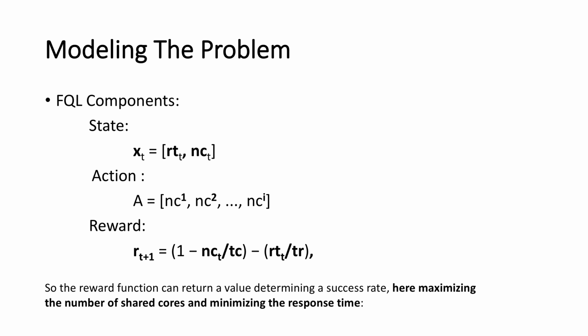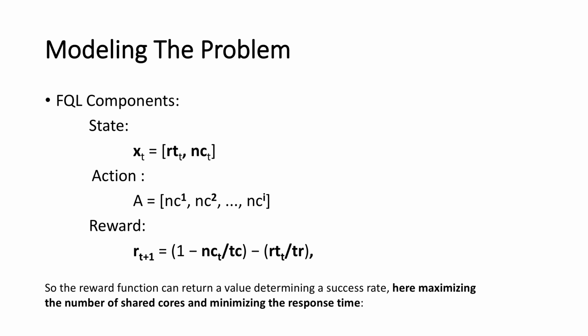In our system, the reinforcement learning tries to optimize the trade-off between sharing capacity and the performance over time. So the reward function can return a value determining success rate, here maximizing the number of shared cores and minimizing the response time. So as you see in the equation for the reward function, NC is the number of cores in isolation, and TC is the total number of physical cores assigned to a high QoS VM.